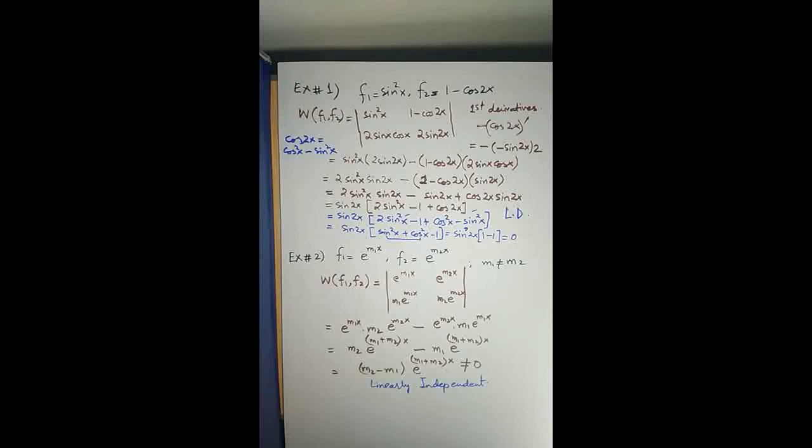So first of all try the hit and trial method by guessing the constants, and if you cannot guess the constants, then you move forward and do the Wronskian. I hope that you understand linear independence and dependent functions or combinations.